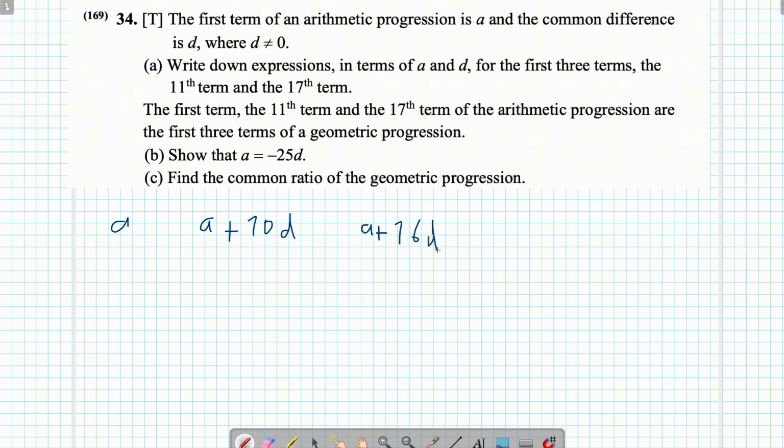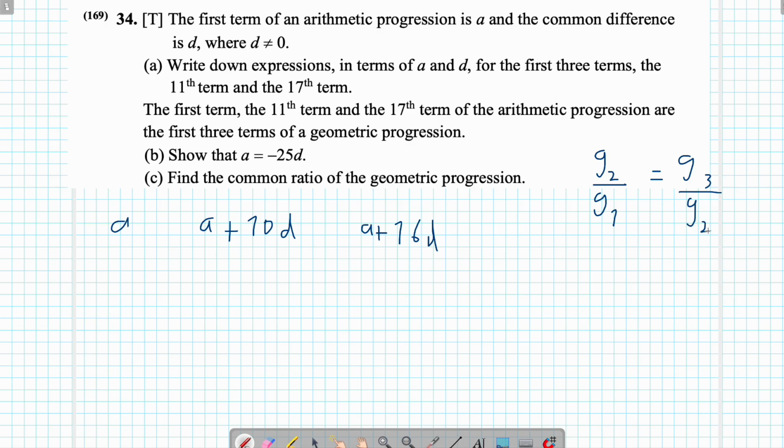The first term, the 11th term, and the 17th term of the arithmetic progression are the first 3 terms of a geometric progression. Show that a is equal to negative 25d. So what we're going to do now is g2 over g1 is equal to g3 over g2.